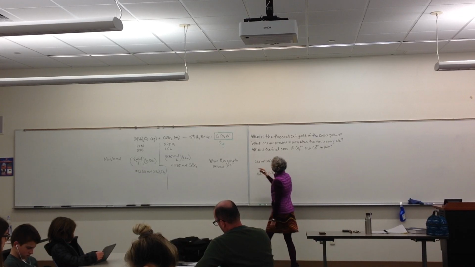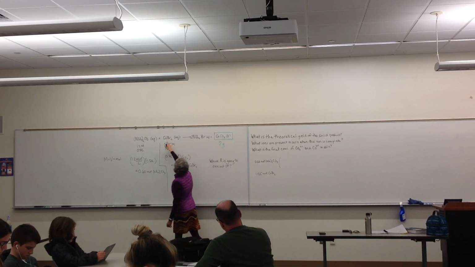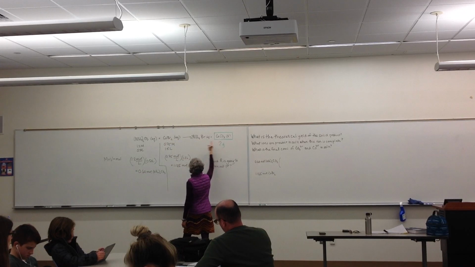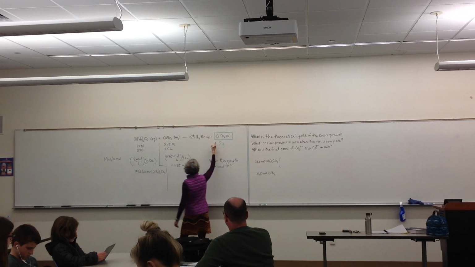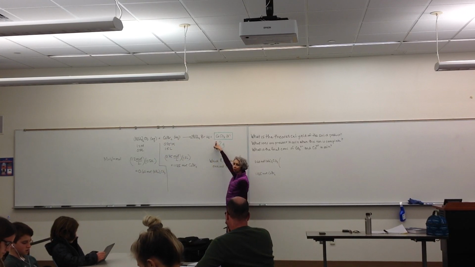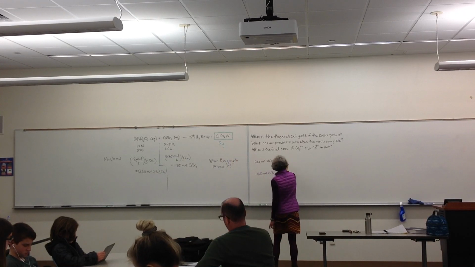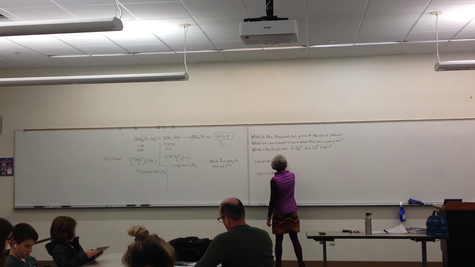So I know that it's a 1-to-1 ratio between the cobalt bromide as well as between the ammonium carbonate to get to the cobalt carbonate. With me on that? Okay. I'm just going to write it out, it's easy to do in my head.